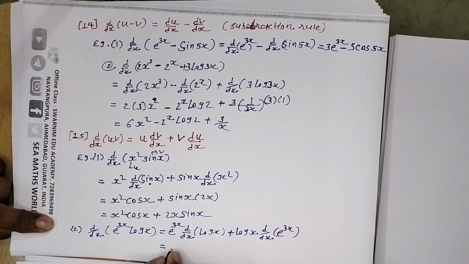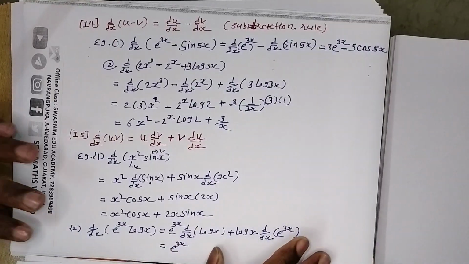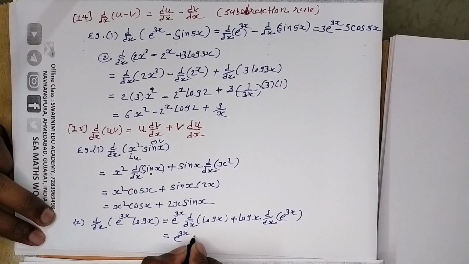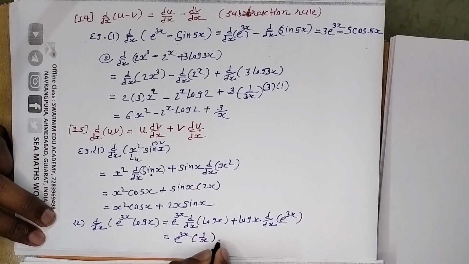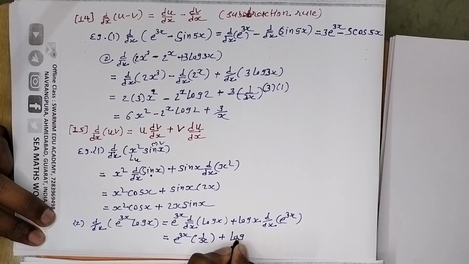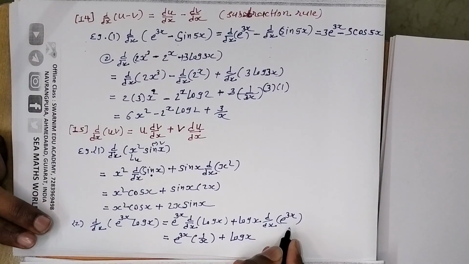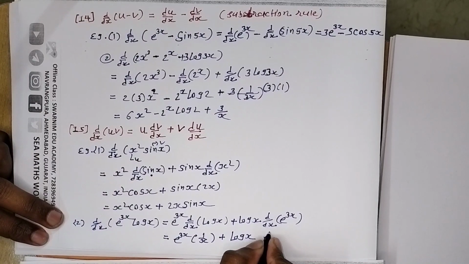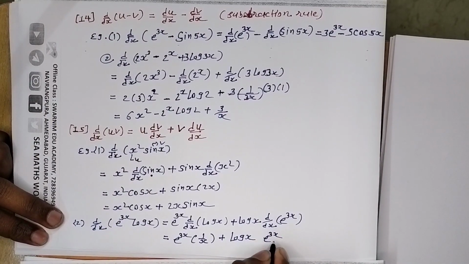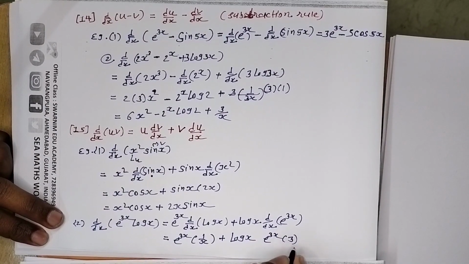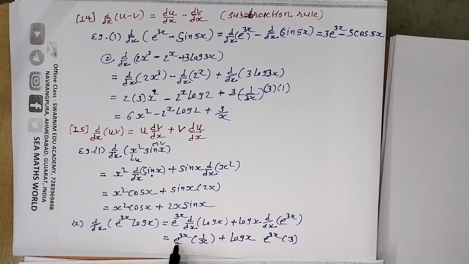Now e raised to 3x, log x differentiation is 1 by x, plus log x as it is. Differentiation of e raised to 3x is e raised to 3x, then 3x differentiation is 3. Now you may simplify: e raised to 3x upon x plus 3. You can take forward 3 log x into e raised to 3x.